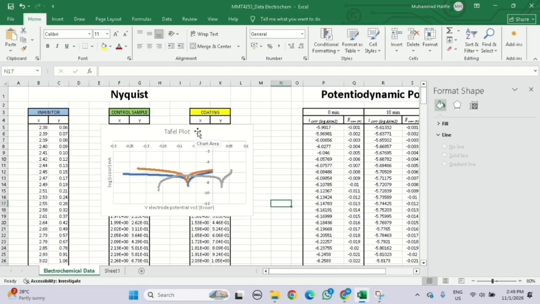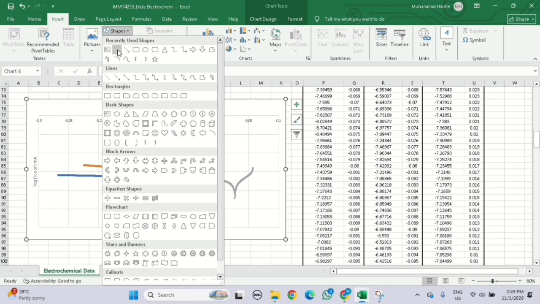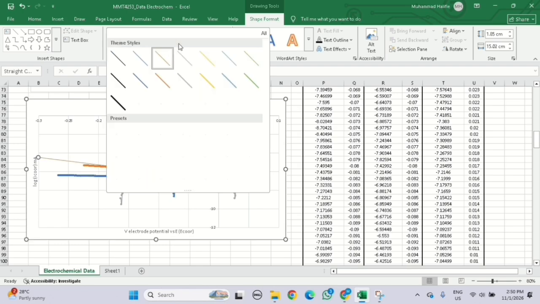So after that I interpolate the graph using the line. So you can look at this.